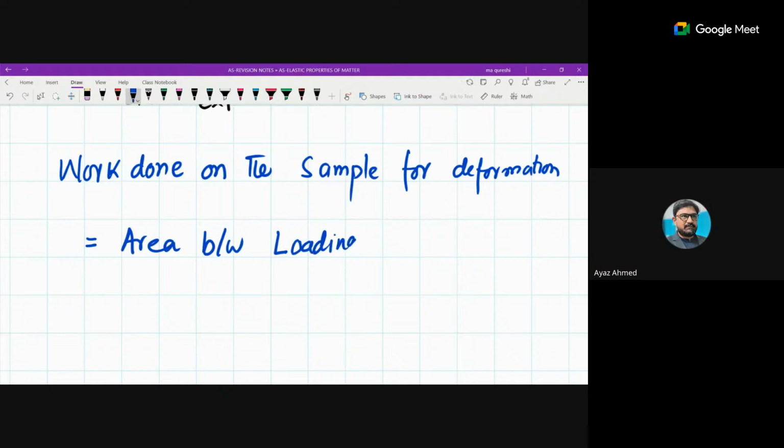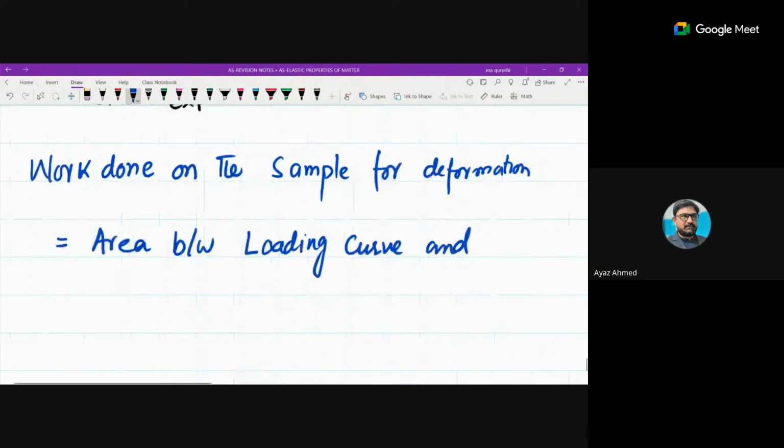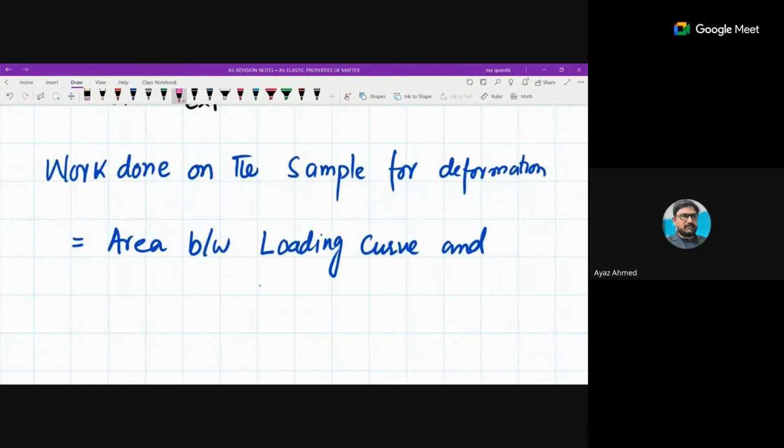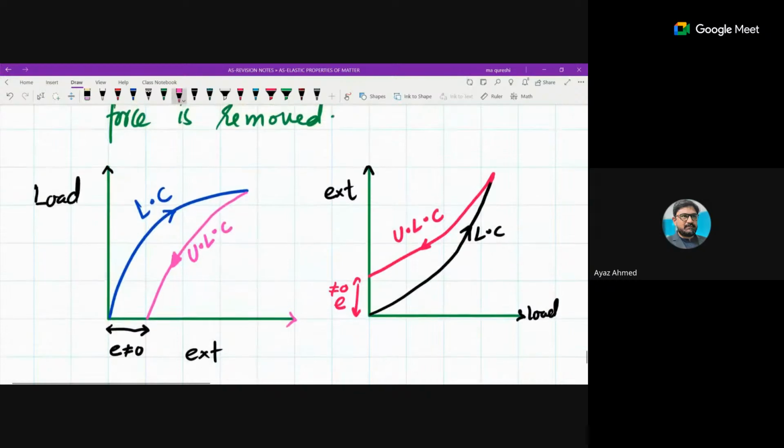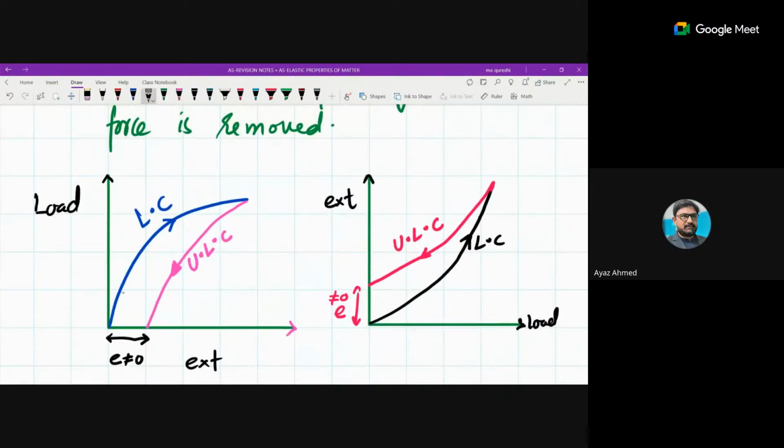Please consider my words: loading curve and extension axis. You will calculate the area between the loading curve and the extension axis. Is this all clear to you? So this entire area between the loading curve and extension axis is your energy, the work done on the sample. Do you agree?